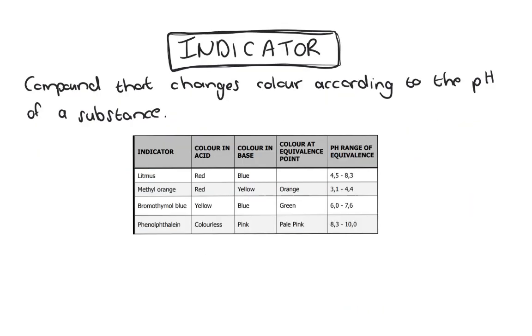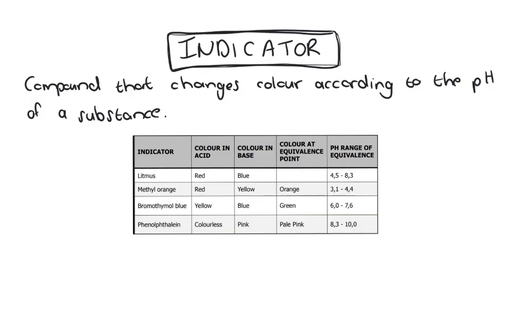So let's now look at indicators. An indicator is a compound that changes color according to the pH of a substance. This is very important in my titration because it tells me when the equivalence point has been reached, when neutralization has occurred.